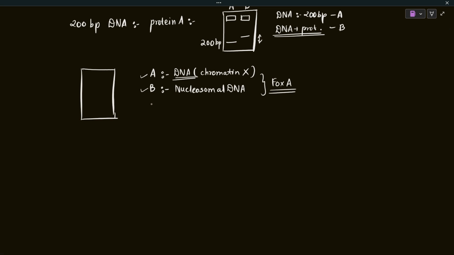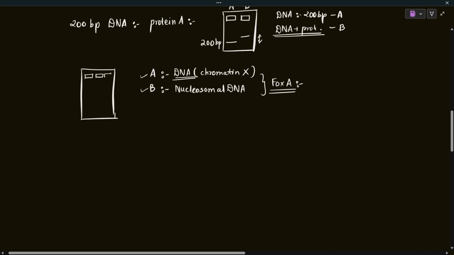So both A and B have the sequence to which FOXA can bind, and that's why we performed the ChIP assay, right? Both of the samples were incubated with FOXA transcription factors, and then run on the gel.